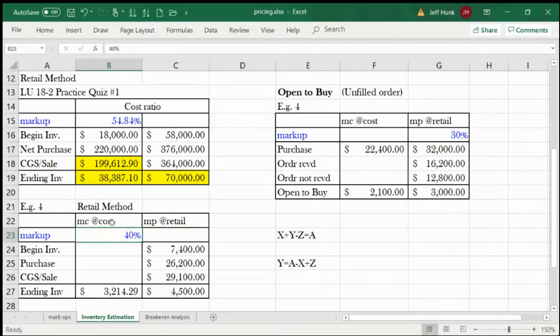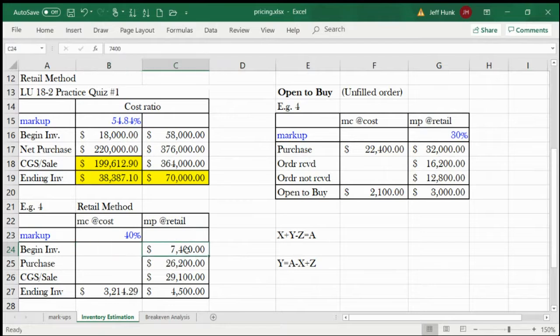So even without this verbiage, you should know if it is placed here, then it's the markup rate based on cost. And if it is placed here, what's the clue? It's implying that the rate is the markup rate based on selling price.